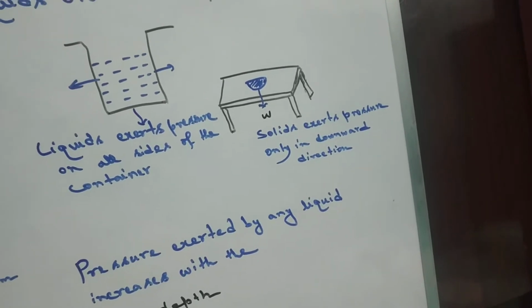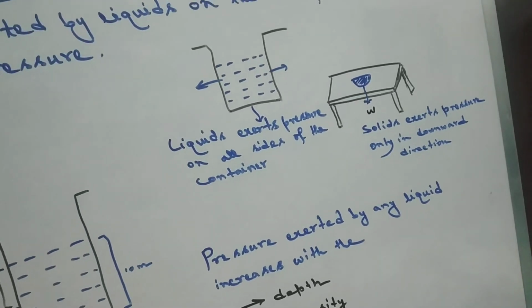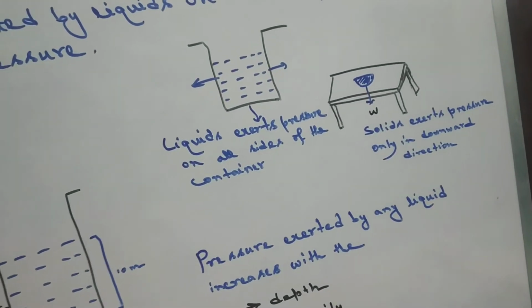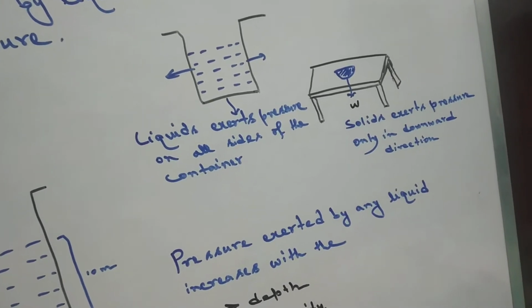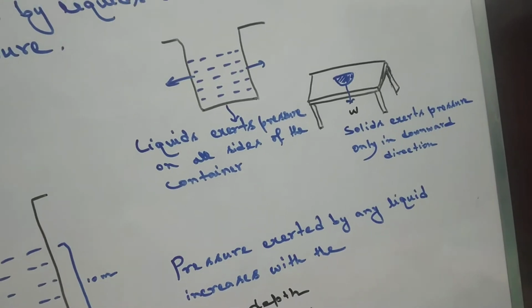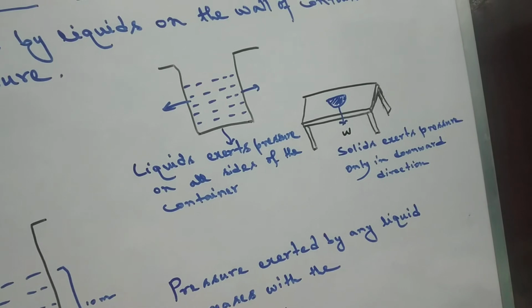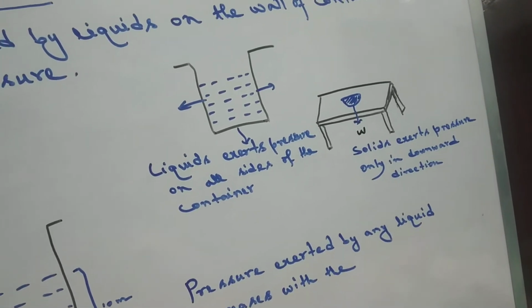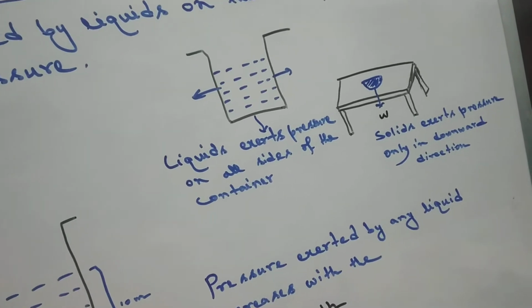Okay, but if you pour some liquid into a container, then that liquid exerts pressure on all sides of the container. In case of solids, pressure is exerted only in the downward direction, but in case of liquids, pressure is exerted on all sides of the container.